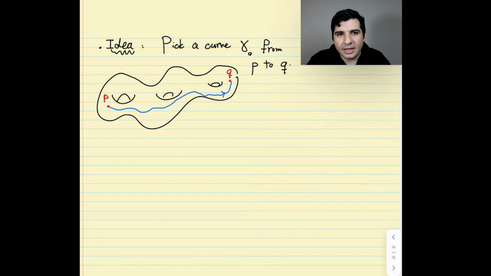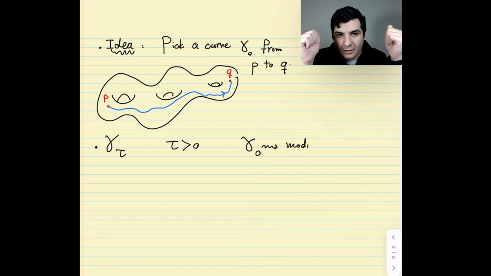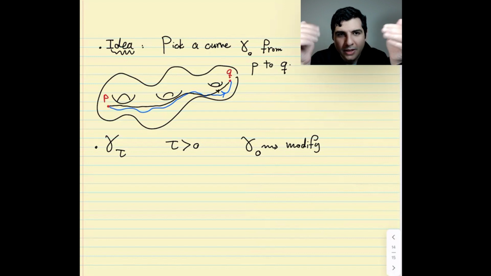Say any smooth curve. The idea is that I want to start to deform this curve so that it becomes shorter and shorter. So I construct a one-parameter family of curves, gamma tau, for tau being positive, where when tau is 0, it's the one I started with, but as tau becomes larger and larger, I deform, evolve this curve to become a geodesic.